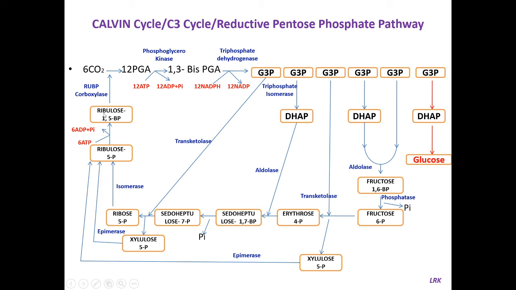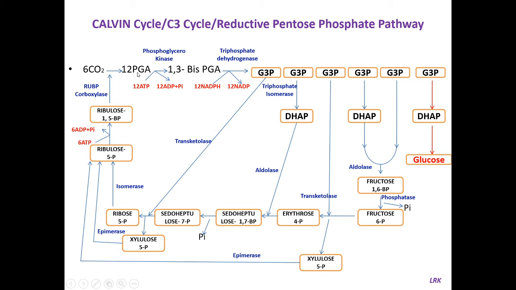So 6 molecules of ribulose 1,5-bisphosphate accept 6 carbon dioxides, resulting in the formation of 12 phosphoglyceric acid, which is a 3 carbon compound, and this process is known as the carboxylation process. Later on, it undergoes a reduction reaction.